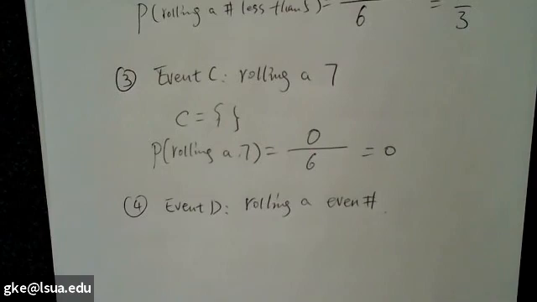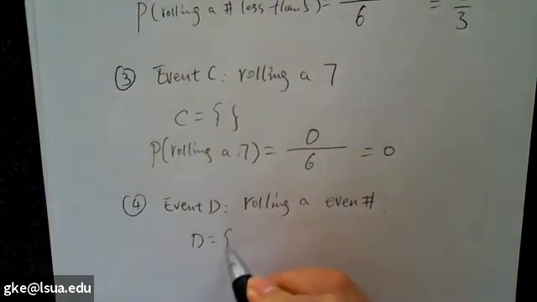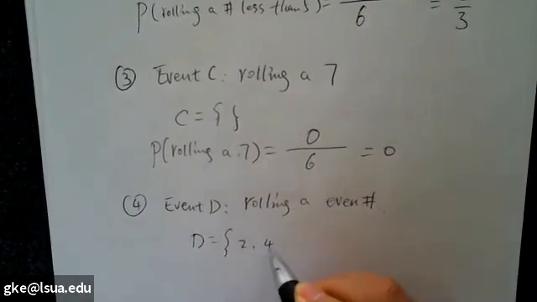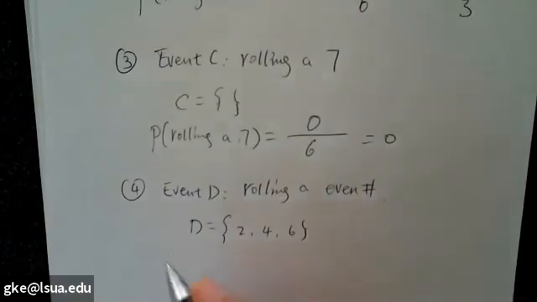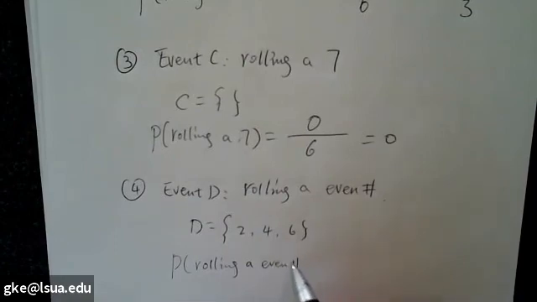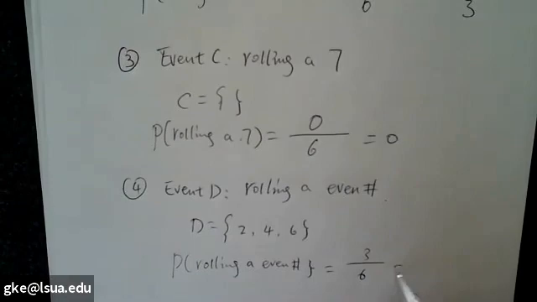Okay. Let me write down the answer for you guys. For event D, how many outcomes? 2, 4, 6. So rolling an even number is going to be 3 divided by 6, which is 1/2.